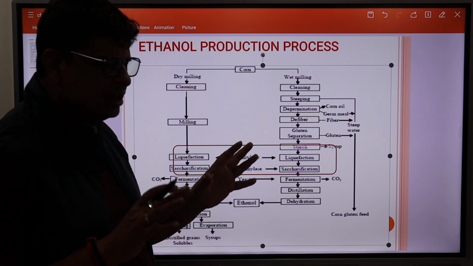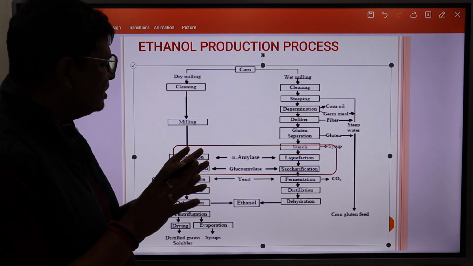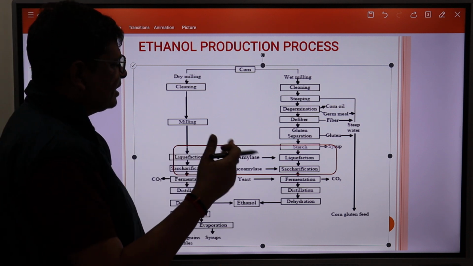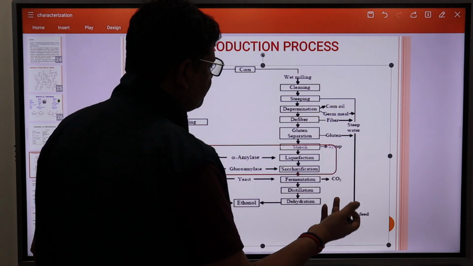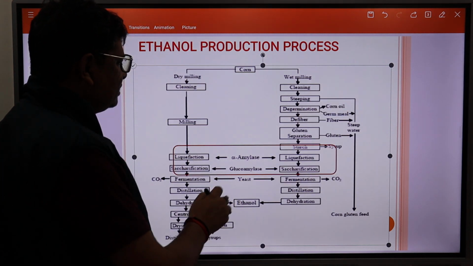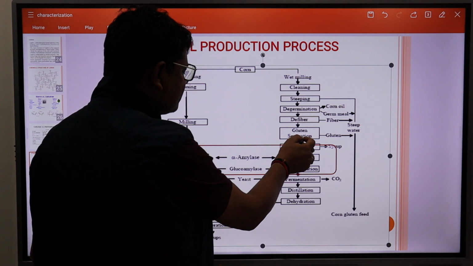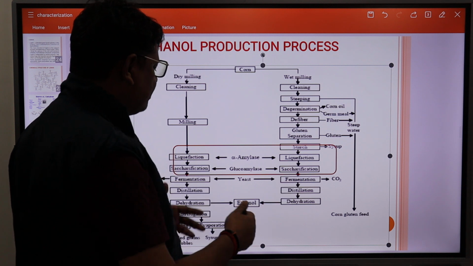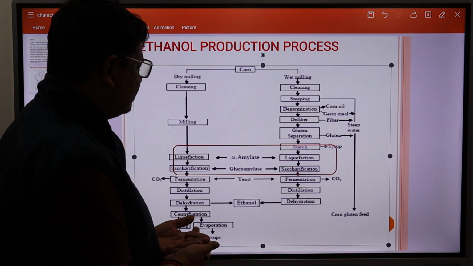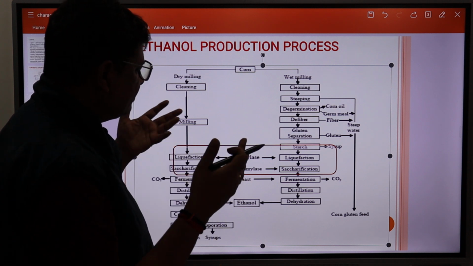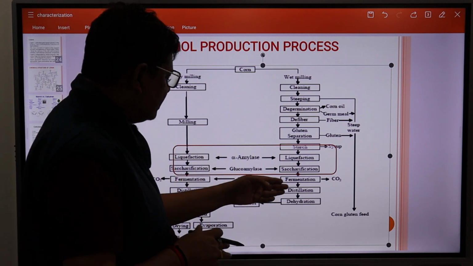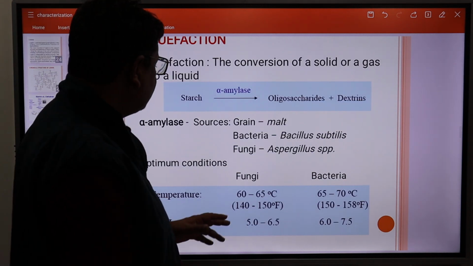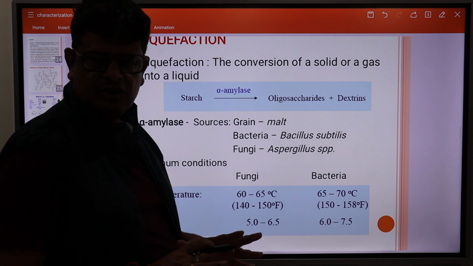If being economical and business-minded, people also harvest other byproducts along the way. People make corn oil, fiber is also used, then gluten separation, then starch, then liquefaction, saccharification, and fermentation with the help of microbes, where you can use yeast, or Pichia pastoris, or even microbes like E. coli. Then distillation, then dehydration. So this is the pathway I have taken into discussion.